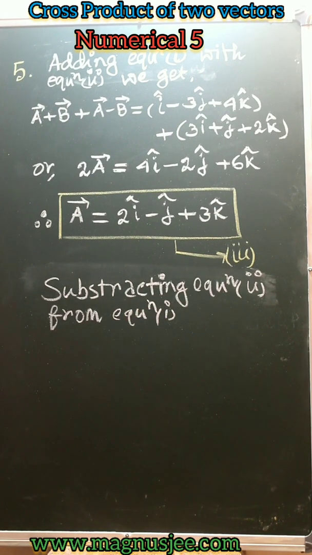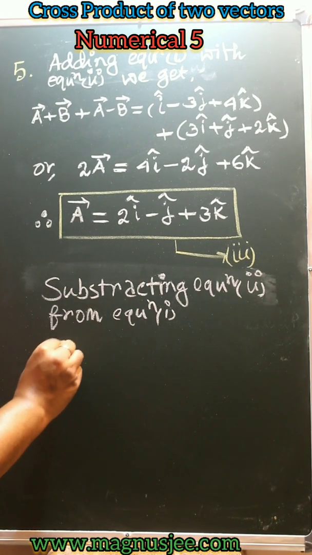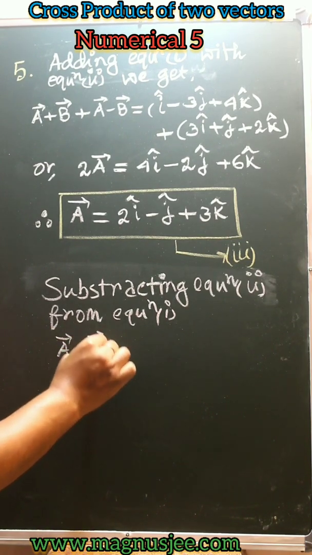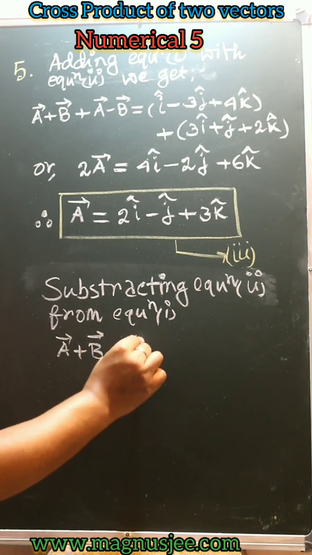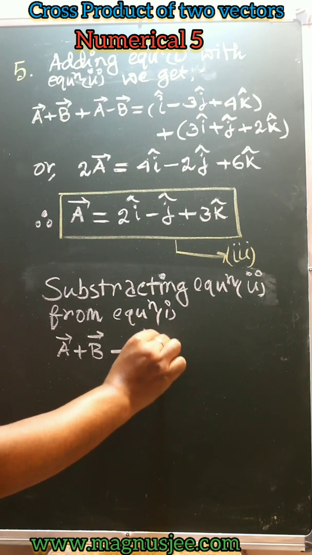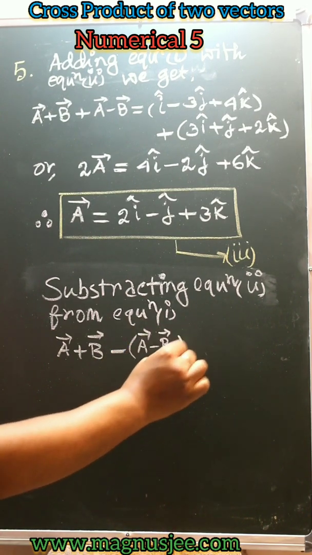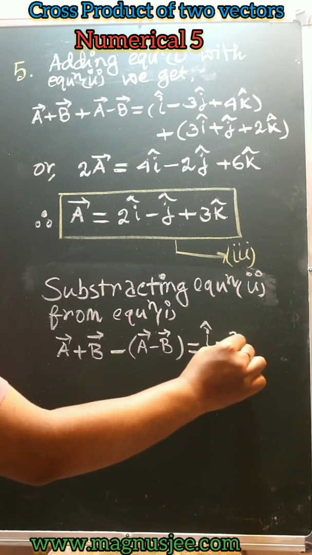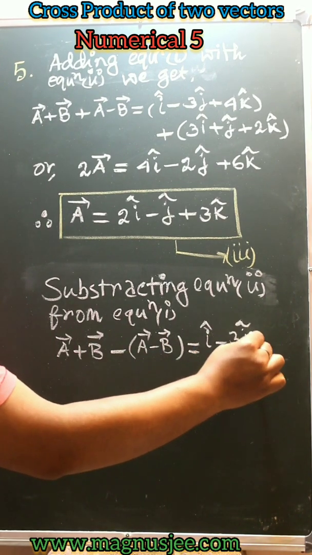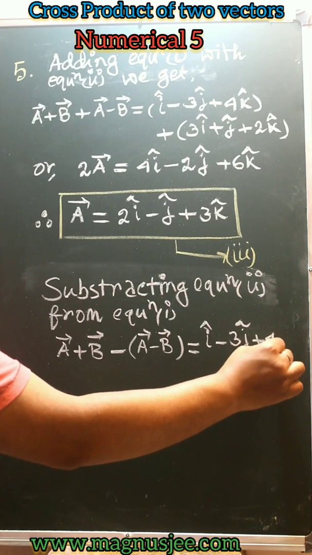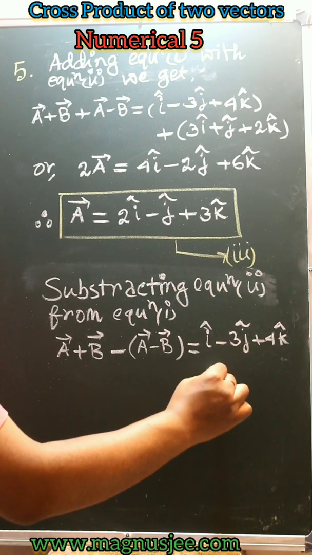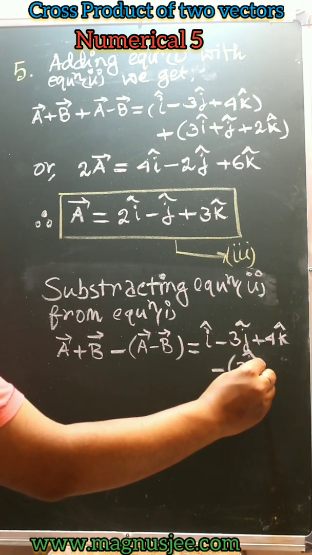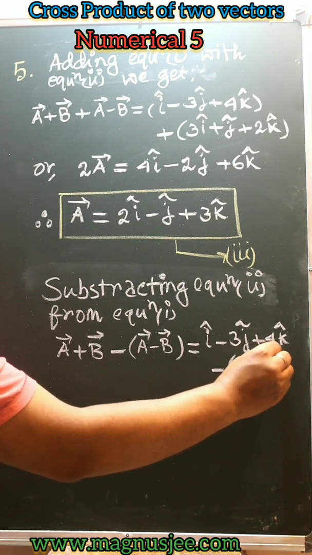We get vector A plus vector B minus bracket open vector A minus vector B equal i cap minus 3j cap plus 4k cap minus bracket open 3i cap plus j cap plus 2k cap.